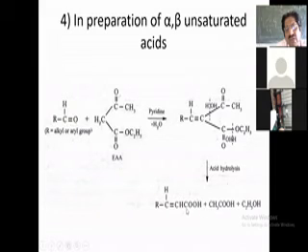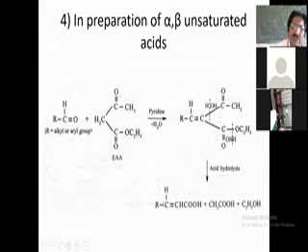Why is it called alpha beta? Because this carbon, the carbon which is directly linked to the COOH and which is linked to the double bond, if you just see the cursor, this carbon is called the alpha carbon. It is linked directly to the carboxylic group, and also to the double bond. So this is called the alpha carbon, and this is called the beta carbon.